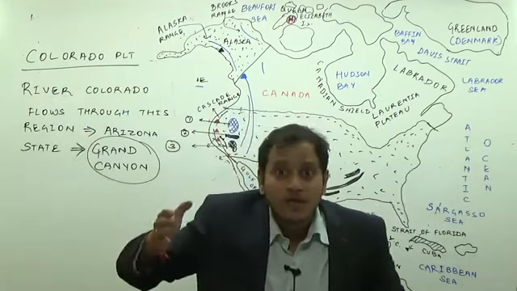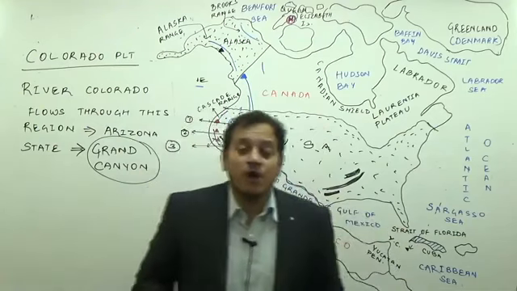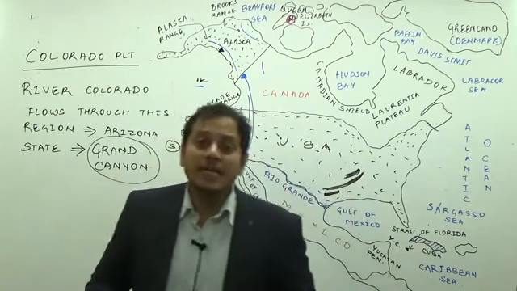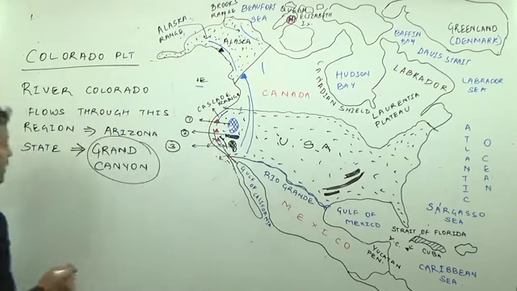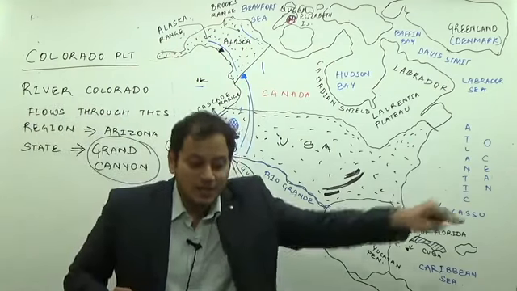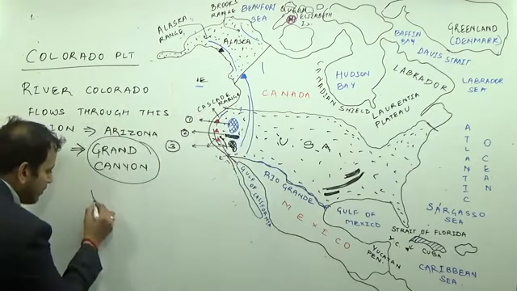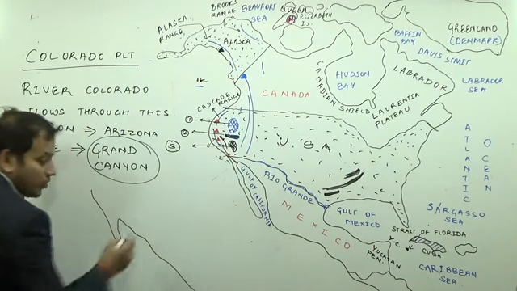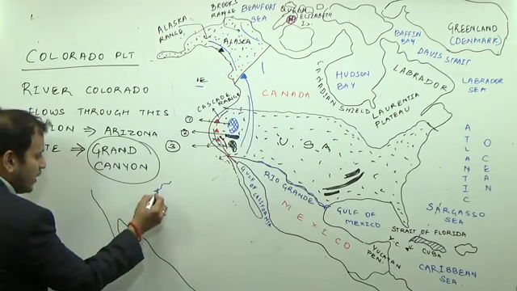What is the name of the dam? It is Hoover Dam. And the reservoir which is formed because of this dam is known as Lake Mead. So there are two lakes, Lake Mead and Lake Powell, formed on the river Colorado. Where does Colorado River drain? It drains into the Gulf of California region. So if I want to show you on the map, this is the Gulf of California, river Colorado drains into the Gulf of California.